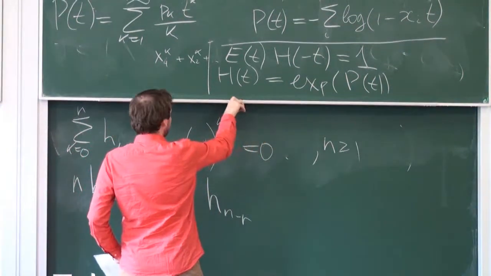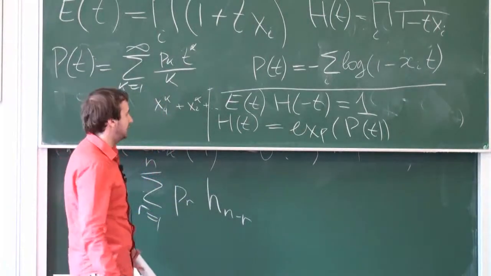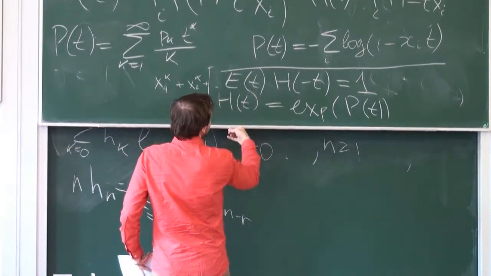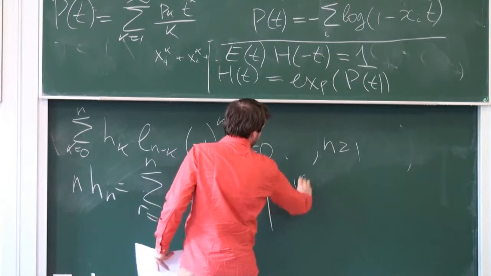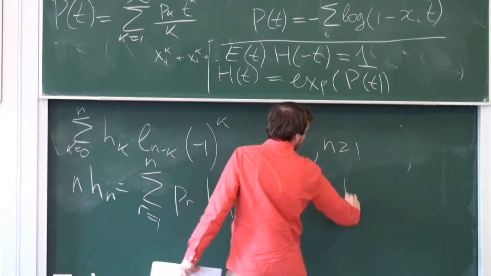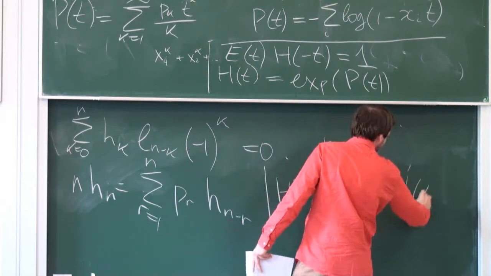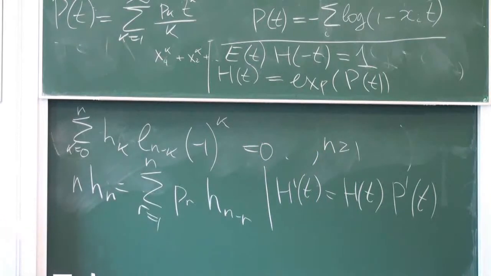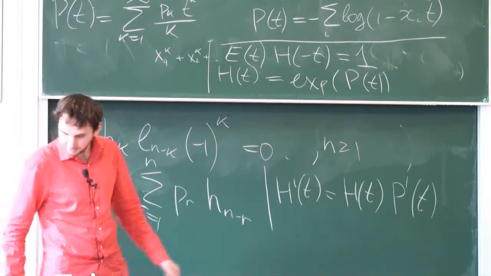If h(t) is an exponent, then h'(t) is p'(t) times the exponent, which gives us that h'(t) equals h(t) times p'(t). And then this formula is just the manifestation of this. Okay, so these formulas are again given in the handout as formulas number 5 and 6.